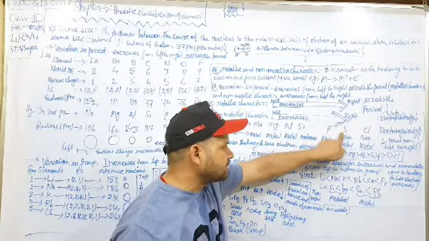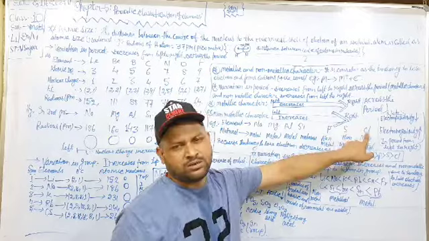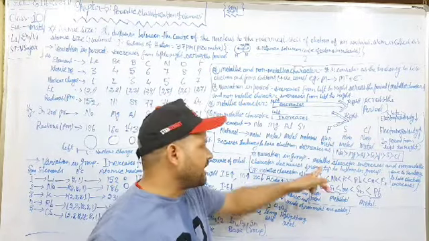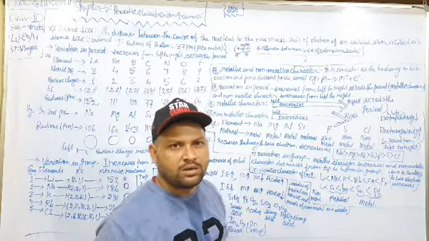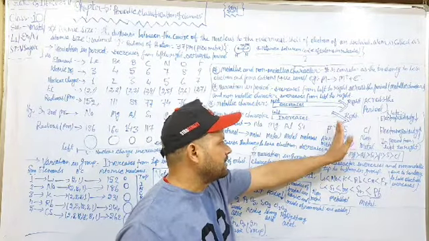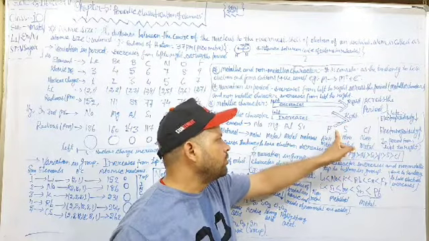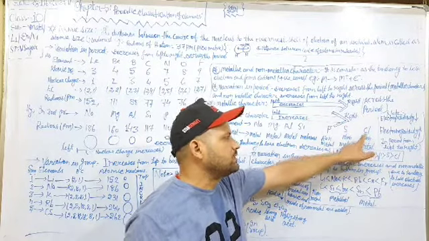But phosphorus, sulfur and chlorine cannot lose the electron. That's why they are non-metals, and they show more tendency to gain the electrons.